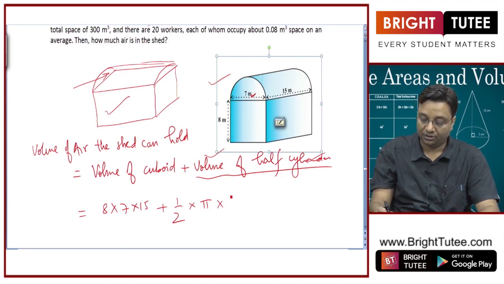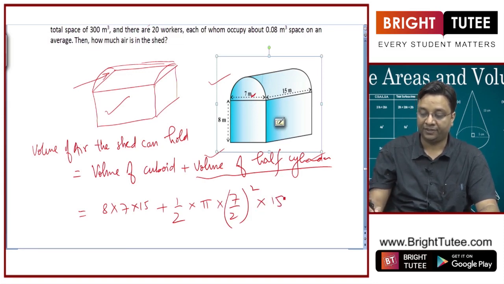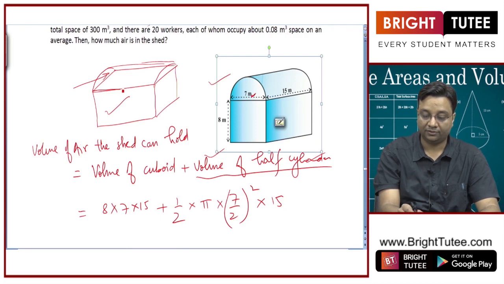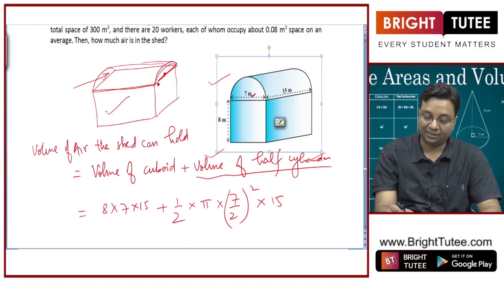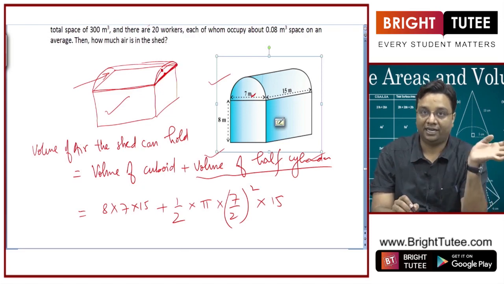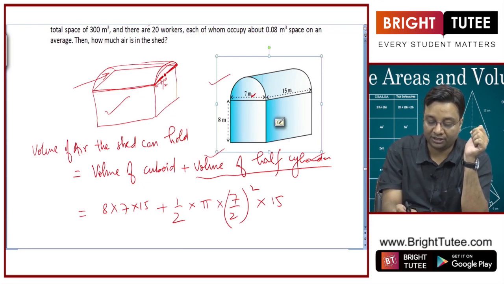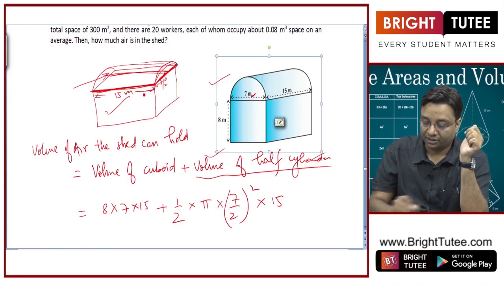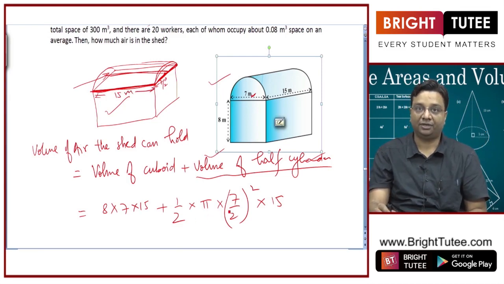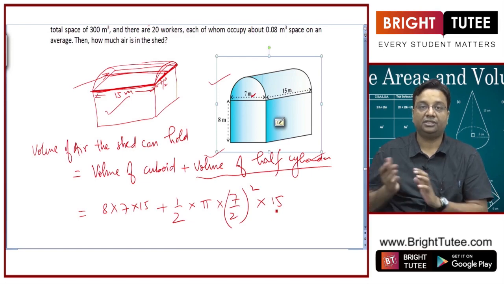Just look at this top portion, it is half cylindrical. I am talking about this length, this is acting as the diameter of the cylindrical shape. So half of it will be the radius, which is 7 by 2, and what is the height of the cylinder? It is equal to this edge here, and it is 15 meter. So the volume is half pi into 7 by 2 squared into h, which is 15.